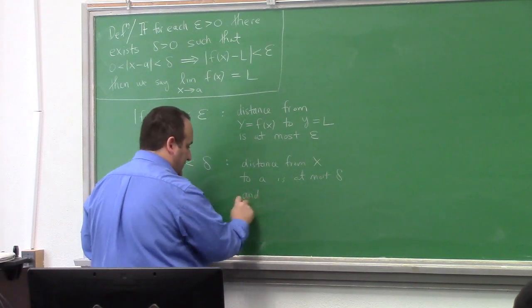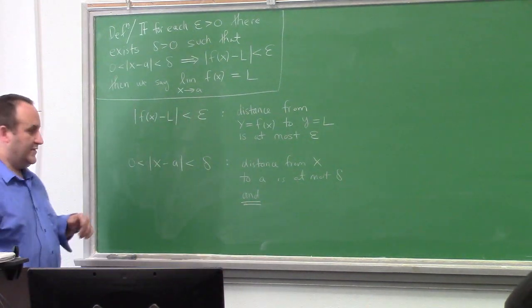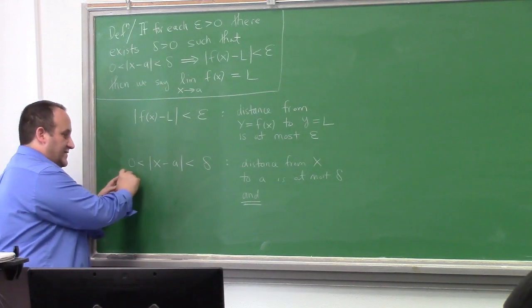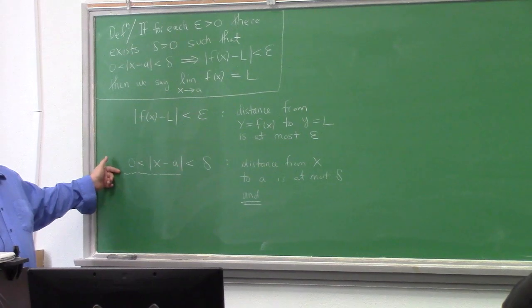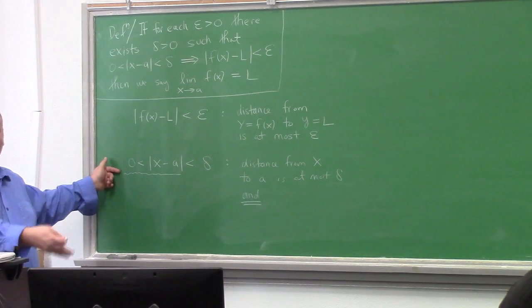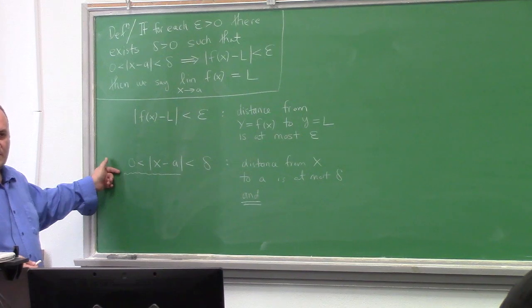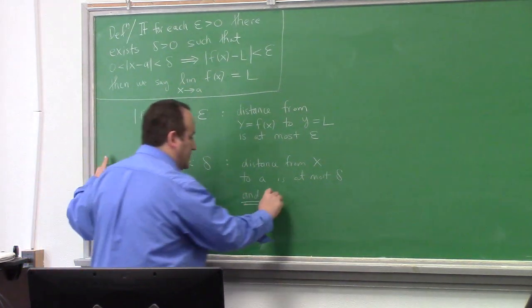And what else? What cannot we have? We cannot have 0 equal to the absolute value of x minus a. That means that x is not equal to a as we consider such x.